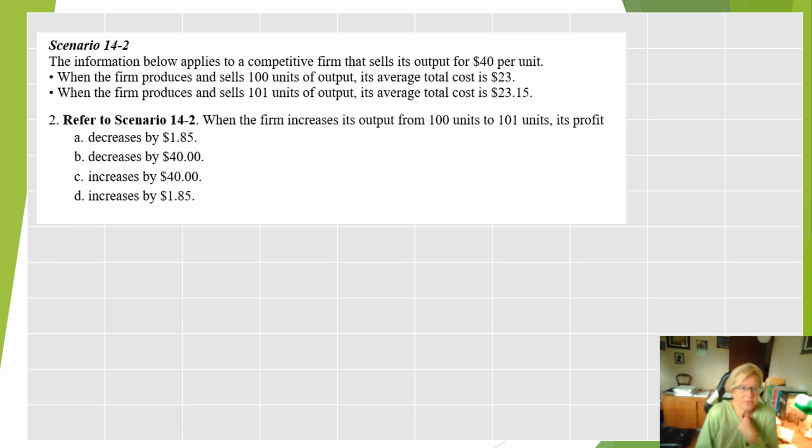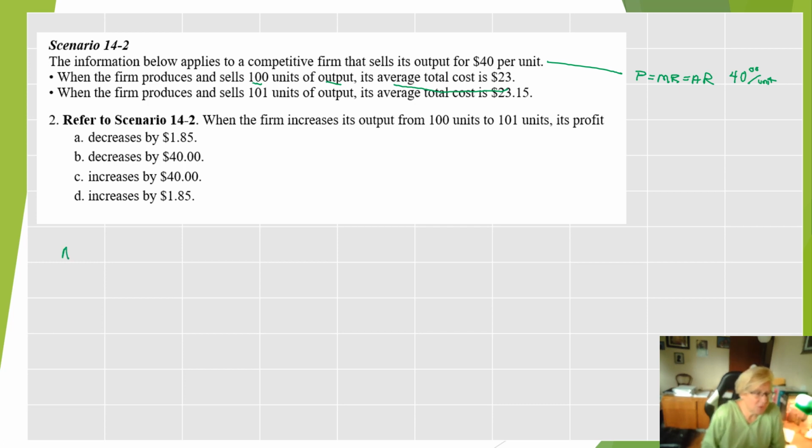In our second problem, we're given a competitive firm that sells its output for $40 per unit. Remember that in a perfectly competitive market, the first information we can glean from this is that price is equal to marginal revenue, which is equal to average revenue. In this problem, that's all going to be $40 per unit. When the firm produces and sells 100 units of output, average total cost is $23.